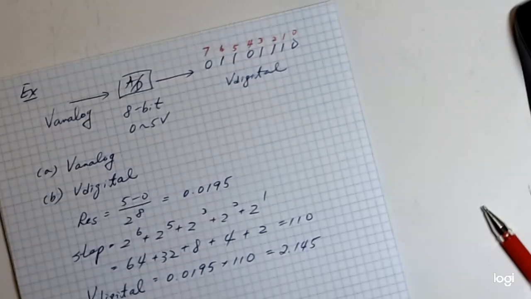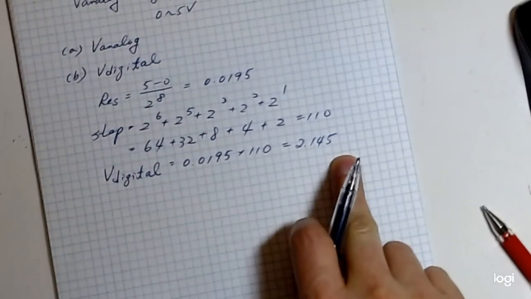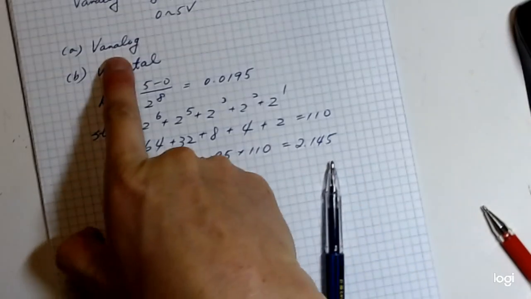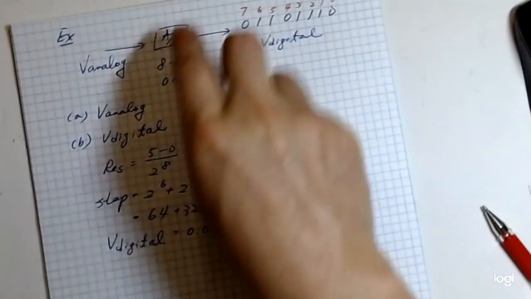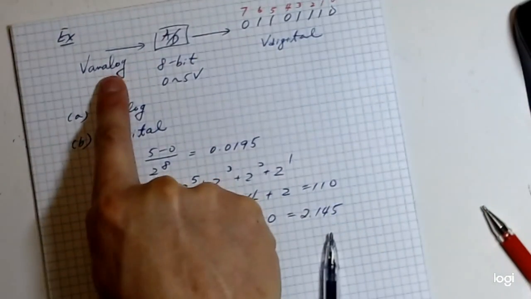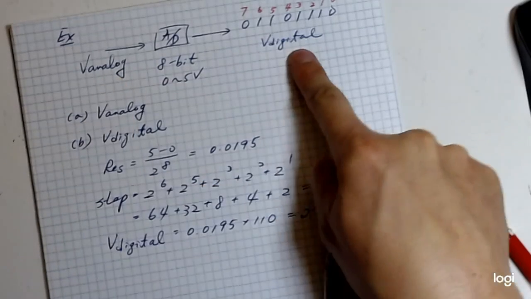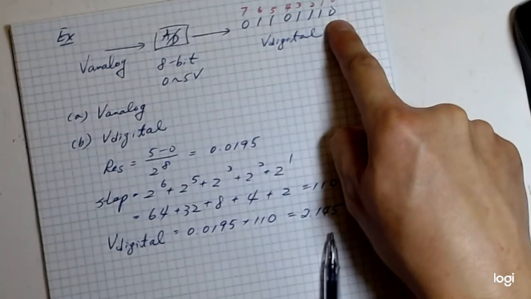Okay, we got the digital. So next question is, what is the analog voltage to cause this digital voltage or this binary number?